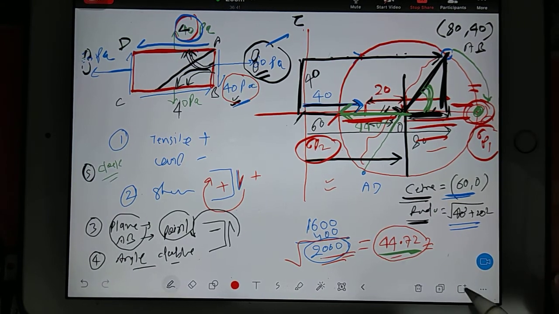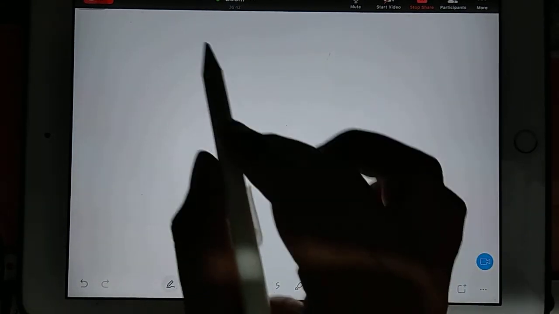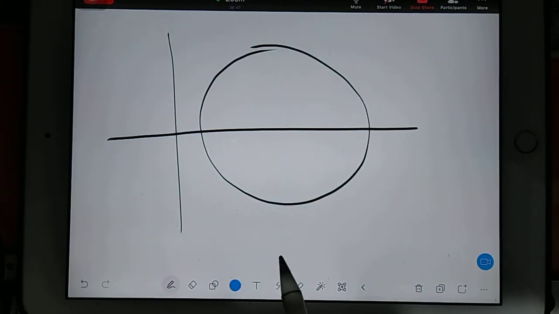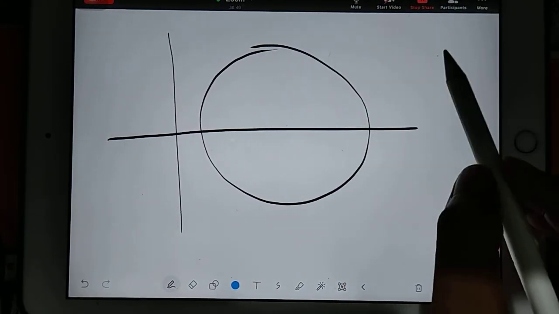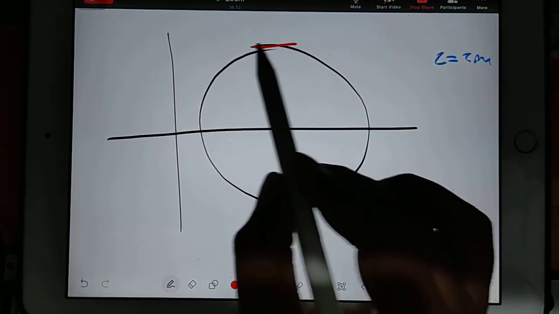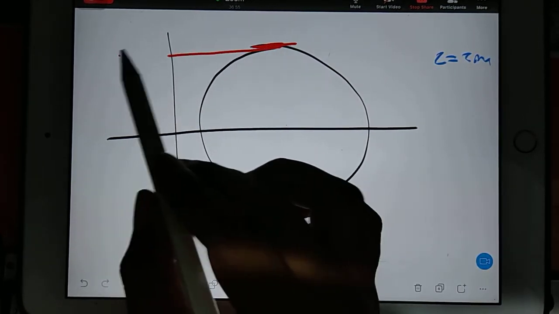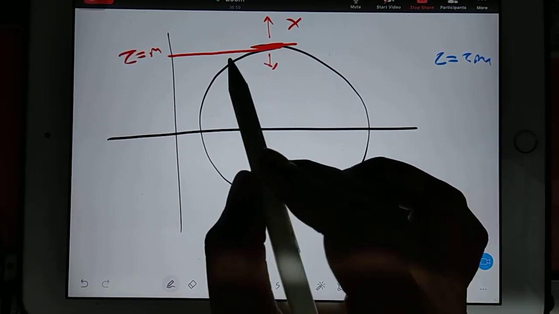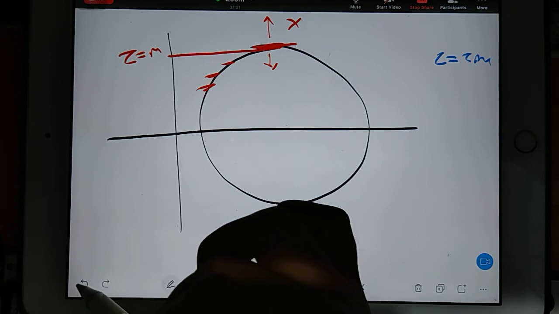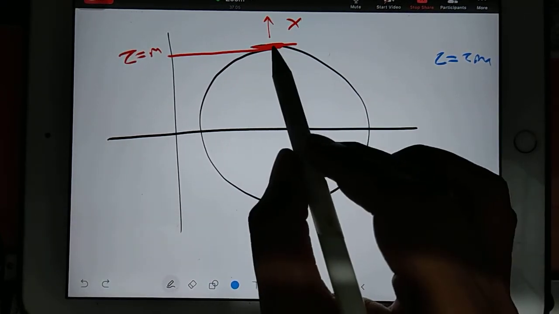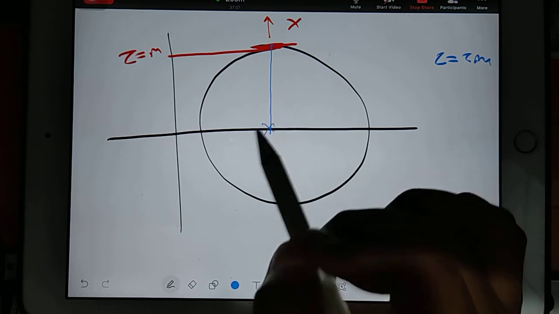Now see, in the same circle there is a plane where your tau is tau max. You can clearly see this is the point where tau is tau max. After that you don't have the circle, and below that you have lower values. At the same time, you also see you have a certain point here.